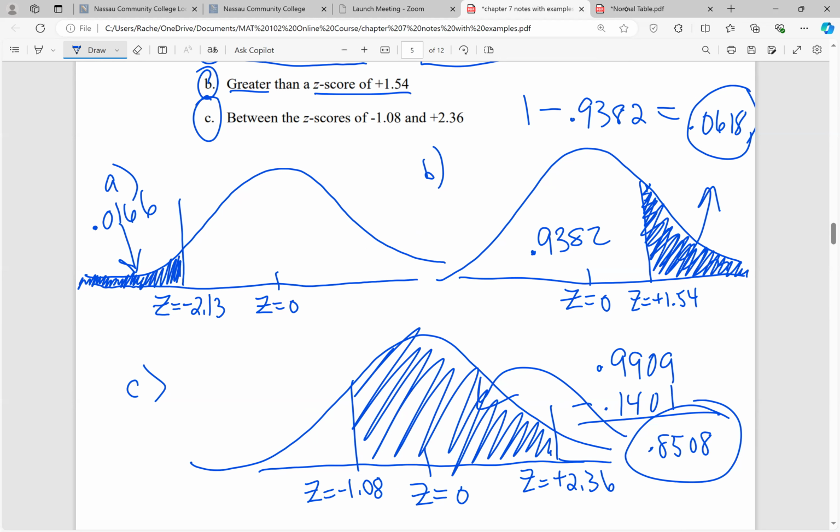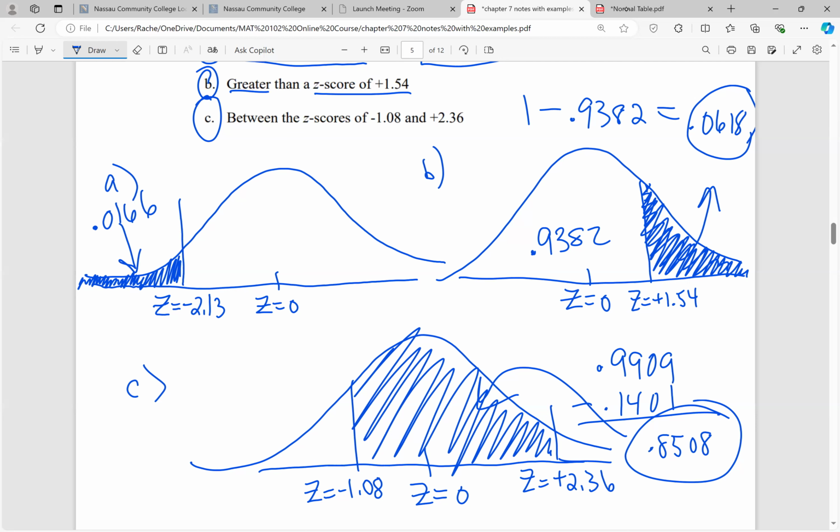But I always have some students that love using the table. They don't want anything to do with the calculator when it comes to finding the area under the curve. So it's totally up to you, whatever you're more comfortable with. But I will tell you that I use the calculator. Honestly, it's just technology. It's going to be faster. It's less likely you're going to make a mistake, and you don't have to worry about always having that table near you.